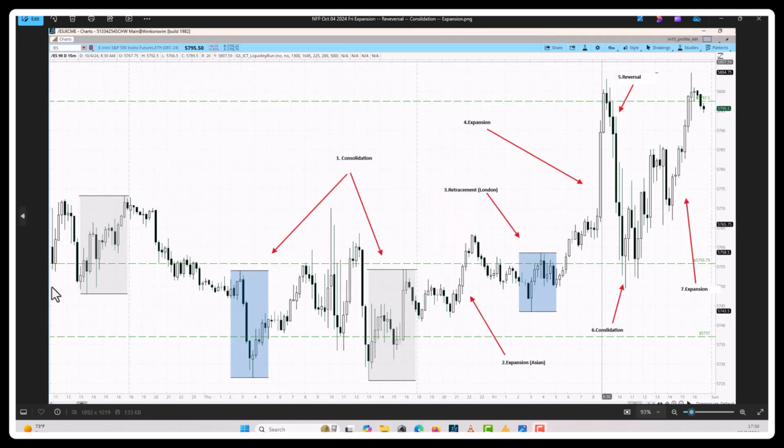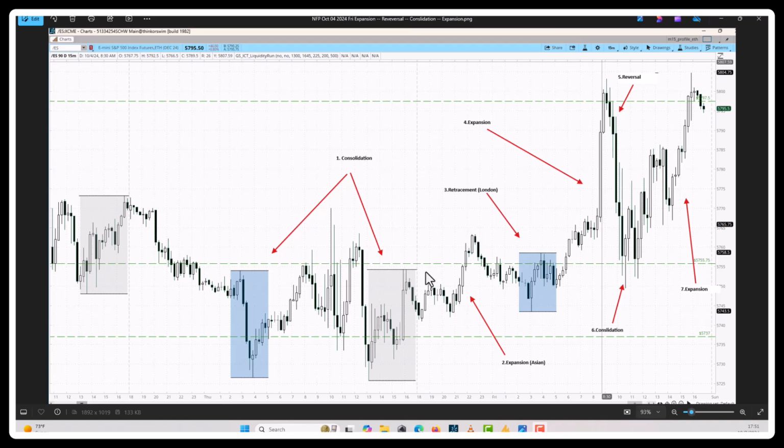Before we go to the live trade, we look one more time at how we apply the 4 stages of the price delivery Libre model: consolidation, expansion, retracement, and reversal. So right here on Friday, which is the non-farm payroll, you see here's the consolidation, and after the consolidation, you see on the Asia session is expansion.